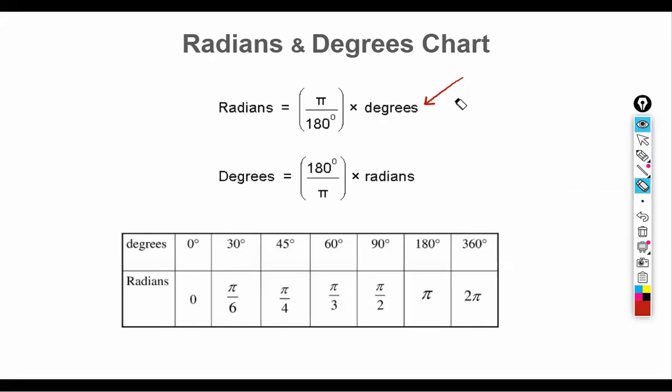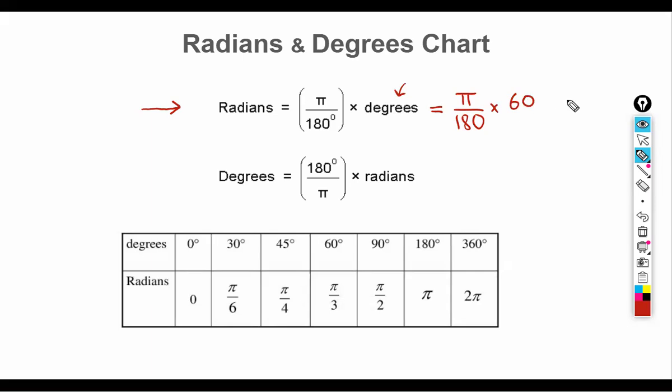Let's say somebody gives you 60 degrees and you don't want to use degrees. Let's say you want to use radians. Well, this first formula on top allows you to convert degrees into radians. All you have to do is say pi on 180 and multiply by how many degrees you have.